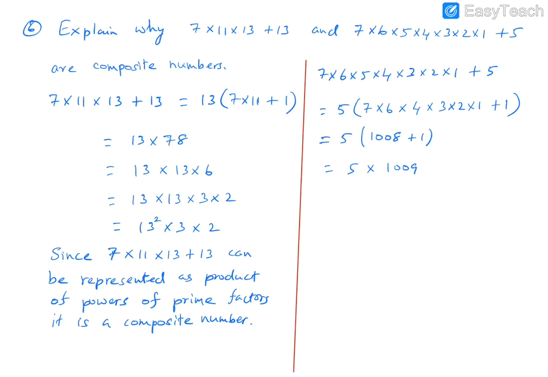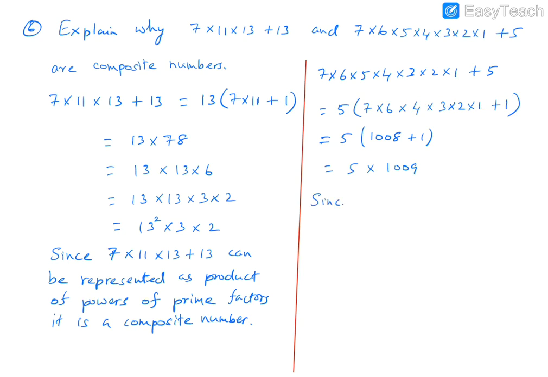Now the left hand side expression that was given to us is being represented as a product of prime numbers. So therefore the left hand side must be a composite number.